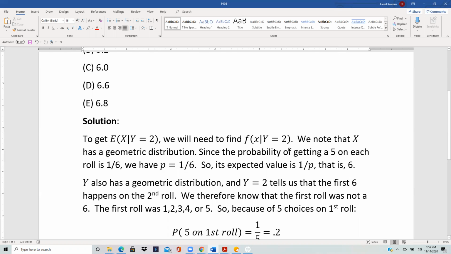Okay, so we need the expected value of X given Y equals 2. For that, we will need the corresponding probability function. Y also has a geometric distribution. Y is the number of rolls needed to get a 6. And since we are dealing with a situation where Y is equal to 2, that tells us that the first 6 happens on the second roll.